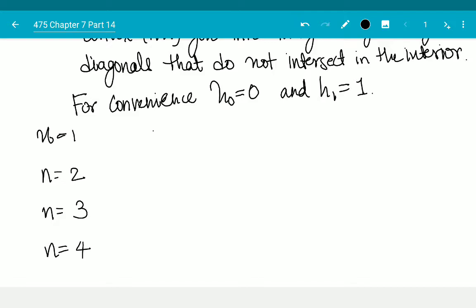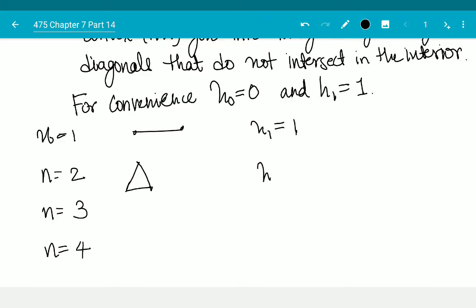For n equal to 1, we don't have a way to divide it, it's just a side, but h(1) is equal to 1. For n equal to 2, I have a triangle.